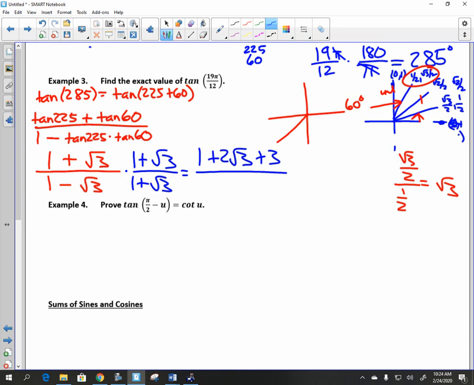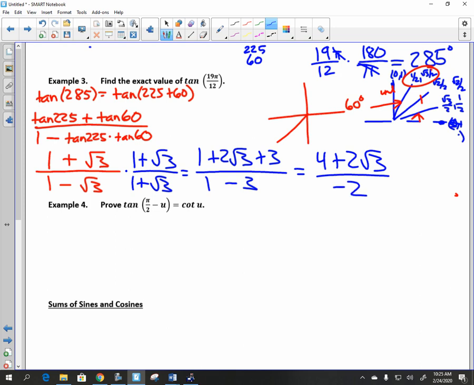So I got 1 times 1 is 1. And then negative root of 3, positive root of 3, negative 3. So what do you get in the top? Yeah, 4 plus 2 roots of 3 over negative 2. Are the top two terms divisible by negative 2? Sure are. So negative 2 minus root of 3.